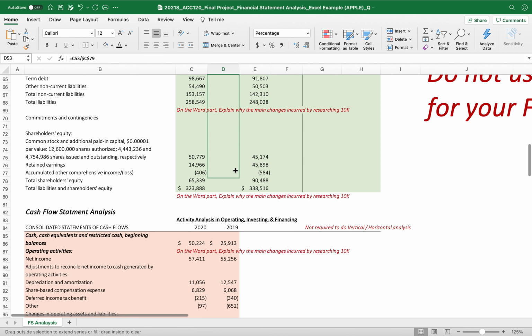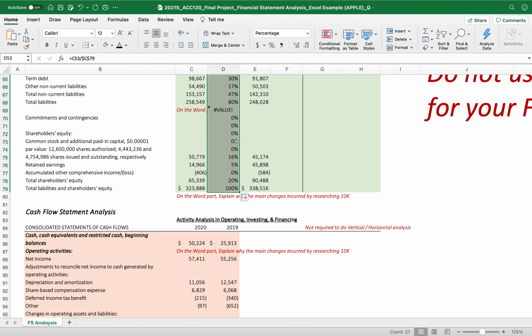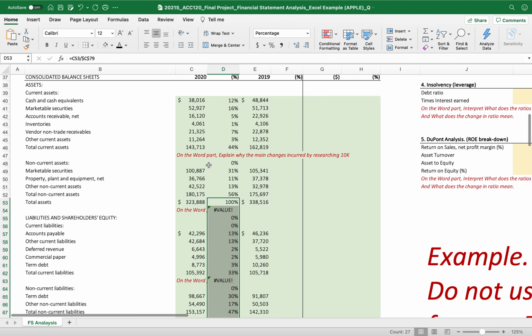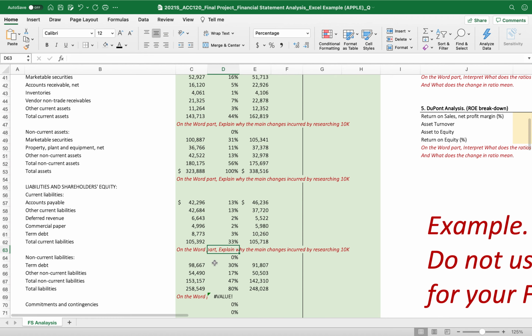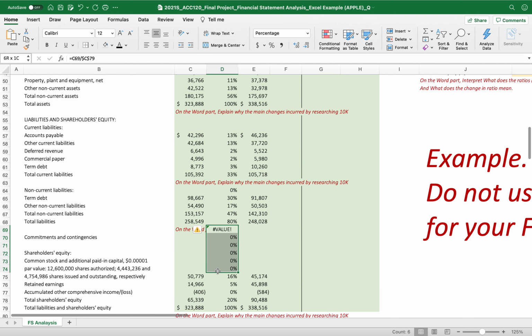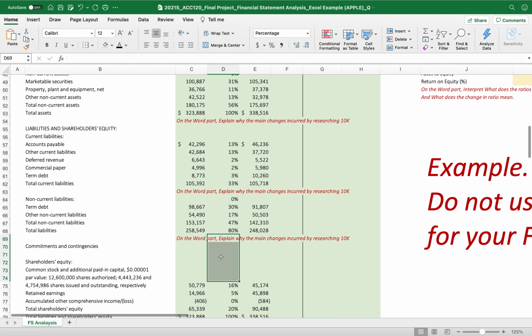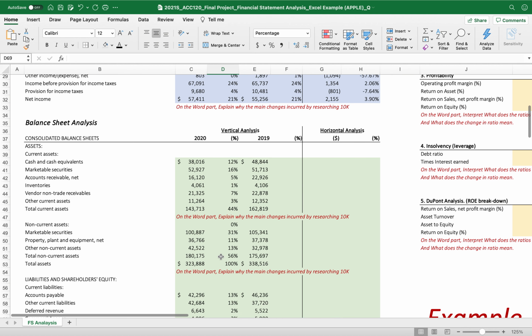Then let's drag it down. Then we have definitely total liability and shareholders' equity is 100% out of itself. Then we see each balance sheet account portion out of the base, which is total asset or total liability and equity. Okay, now we got it like this.